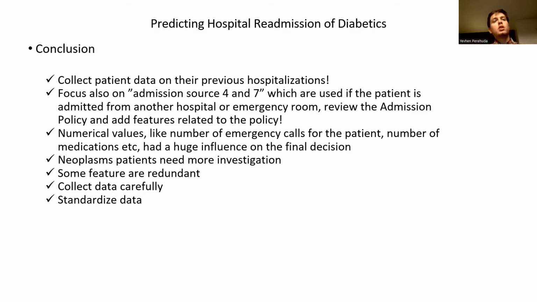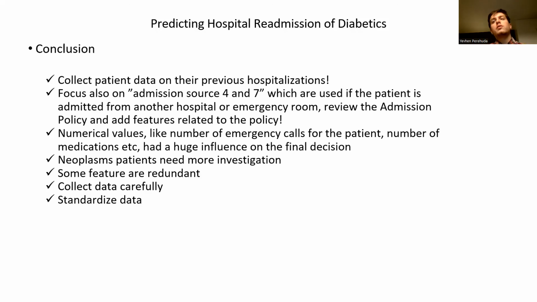Next, neoplasm: patients need more investigation. We saw that if a patient hadn't had a neoplasm, he is more likely to be readmitted. So it's also a field for future research. Some features are redundant, for example, payer code, so we don't need to include them in our analysis. Collect data carefully.